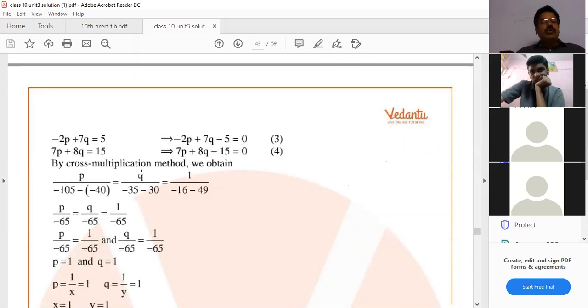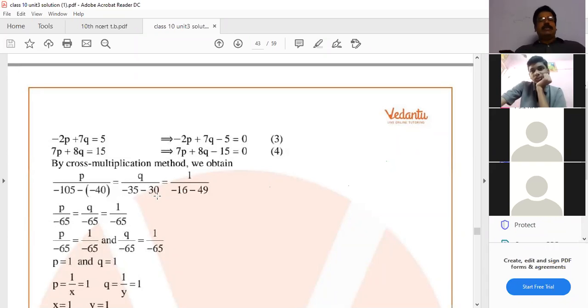Okay, and then q by c1 a2 minus c2 a1. c1 is minus 5, a2 is 7, 5 7s are 35, minus 35. Then c2 a1 means minus 15 into a1, which is minus 2, so minus 15 into minus 2 means plus 30. So minus 35 minus 30.